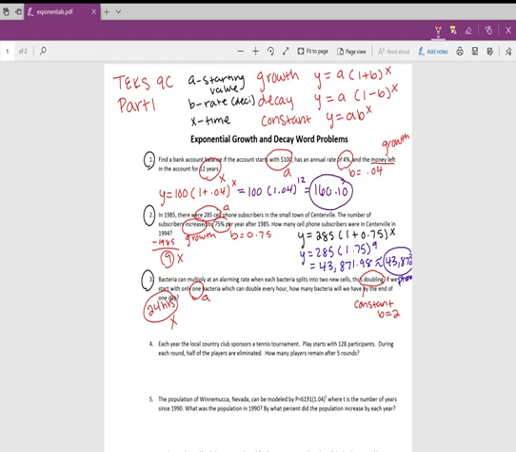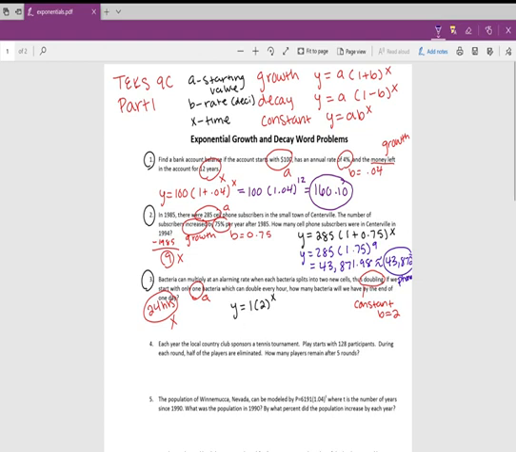So I'm going to go ahead and write my equation. My equation is y is equal to a, which is 1, times b, which is 2, to the power of x. So remember, this is a constant function, so we don't have 1 plus or 1 minus. Okay, now I'm going to plug in my x, which is 24.